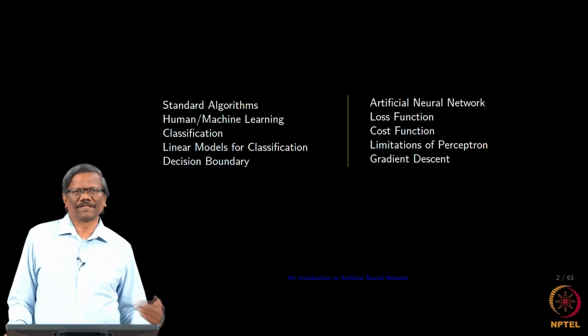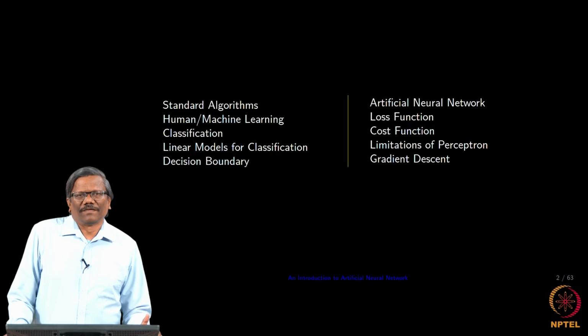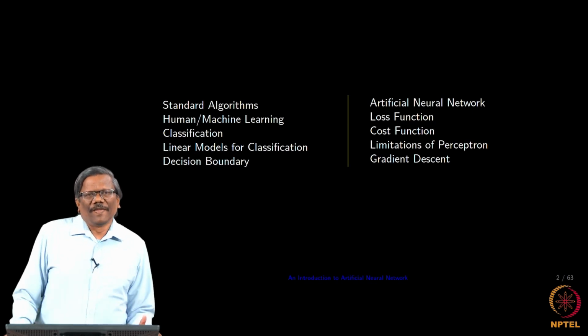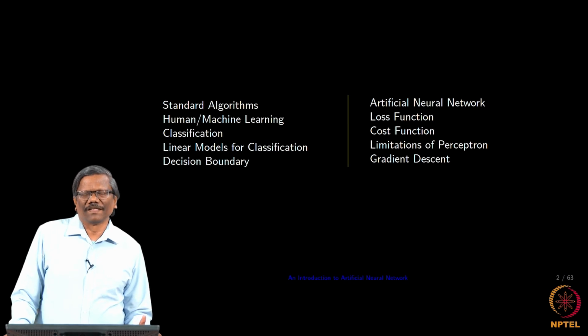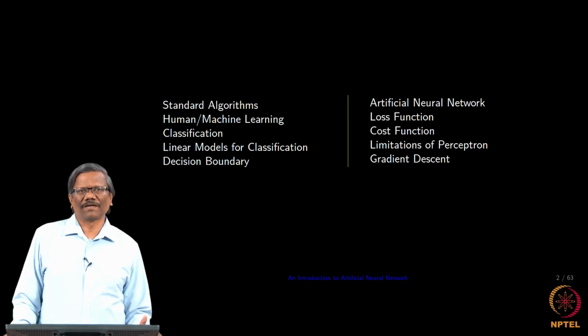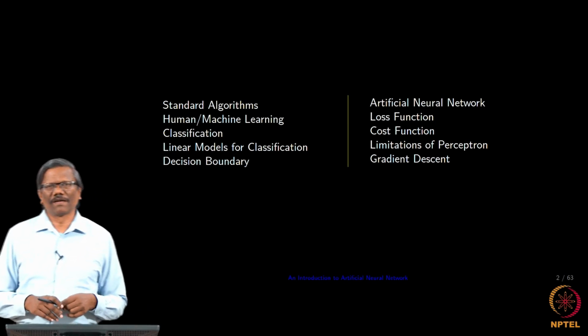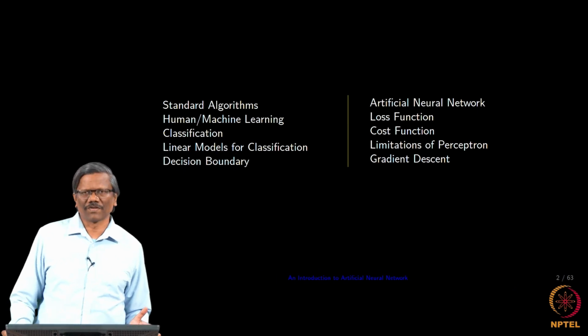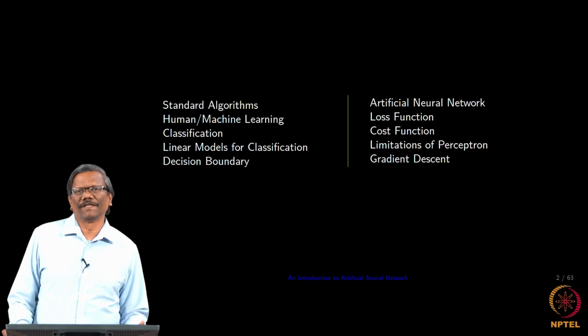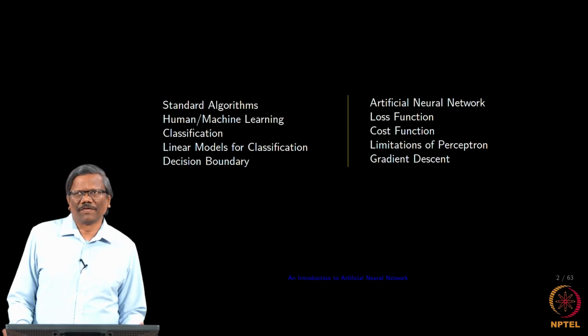So, that is where we will start in terms of the classification, and then we will talk about the linear models for classification, and then we will find out what a decision boundary is, and then later get into the artificial neural network, because we require some kind of a fundamental to get into the artificial neural network. So, we will talk about these elements before we get into the actual artificial neural network.